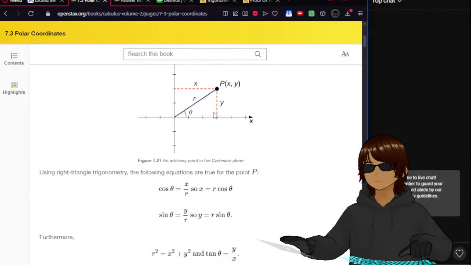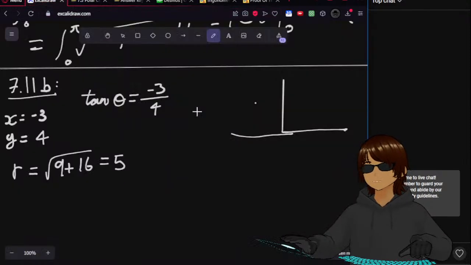Oh yeah, opposite over adjacent. So confused for a minute. So chi to guess 1.75.